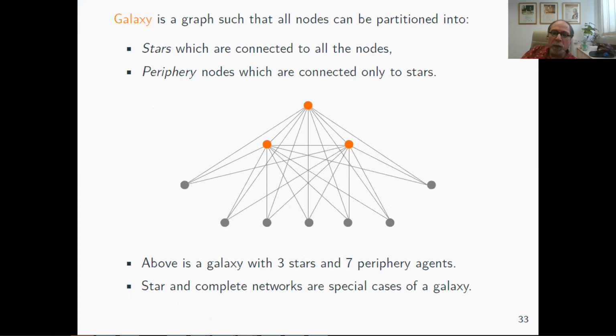Okay? So one alternative way to describe these K-cluster galaxies is to start with a galaxy. Here, this is a galaxy. Let's go to this galaxy and then look at the periphery and form some partition.